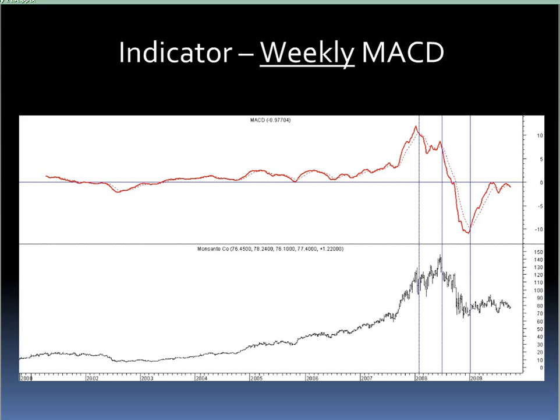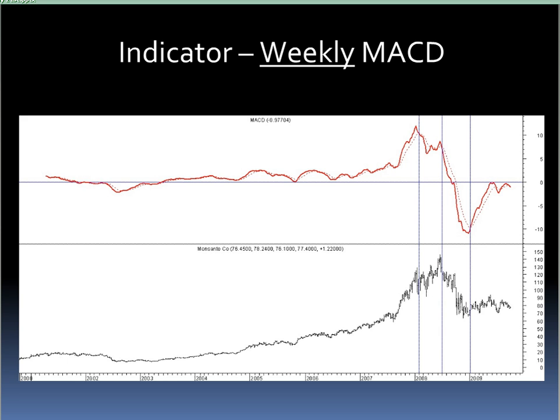Let me go back here to 2000, where Monsanto was $8-9 a share, all the way up to about mid 2008. It was up to 150, 160. That's a 20x increase. A 20x increase in about 8.5 years. That is the kind of stock I want to trade. That's the one that I want.